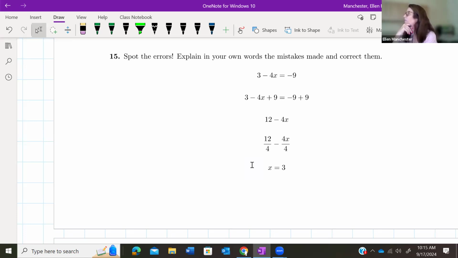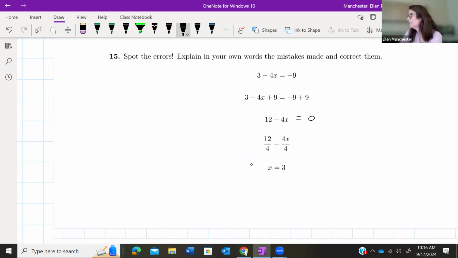Okay, and how does that change what they have up there? So what is it going to equal? Okay, so it's going to equal 0, right?